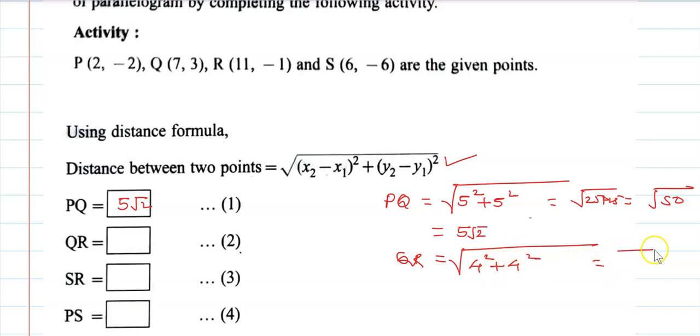Therefore it's the square root of 32. If you find the square root, you will get 4 root 2. QR is 4 root 2. Next SR, 6 minus 11. Therefore, you will get here SR.